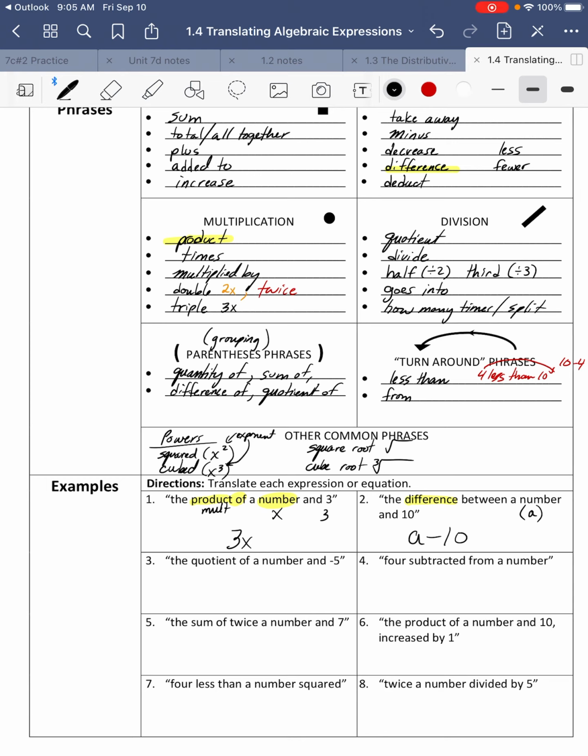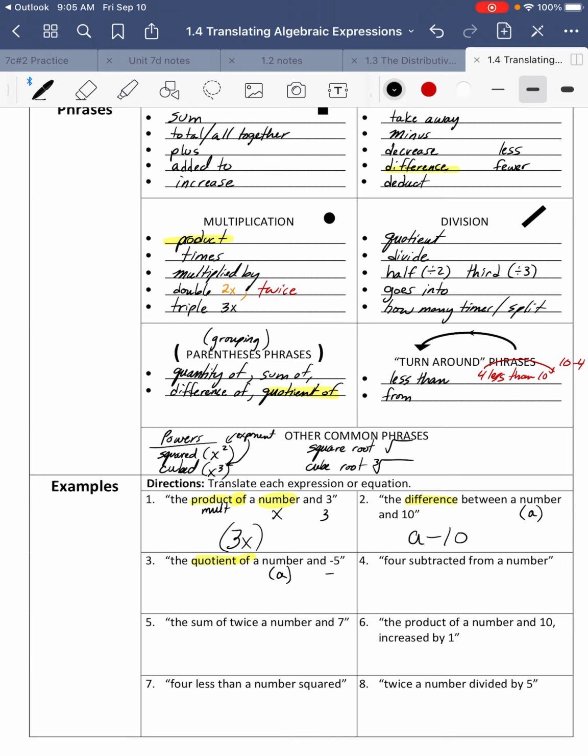Quotient of a number and 5. So quotient is the key word there. It was similar up here with product of. You could put parentheses around them, and that's okay, but not needed because there's nothing else incorporated here besides what a number is.